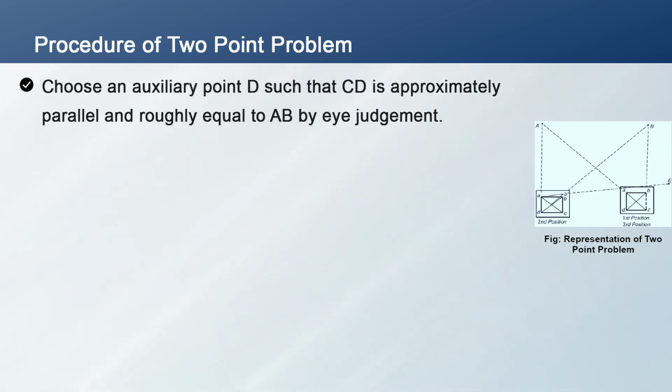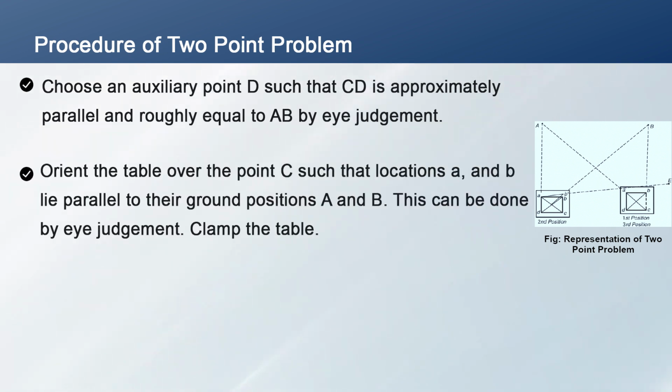Choose an auxiliary point capital D such that capital CD is approximately parallel and roughly equal to capital AB, by eye judgment. Second, orient the table over the point capital C such that locations small a and b lie parallel to their ground positions capital A and B. This can be done by eye judgment, and clamp the table.